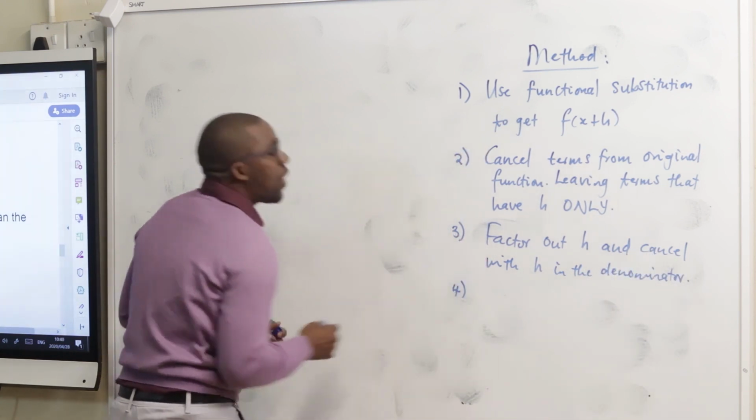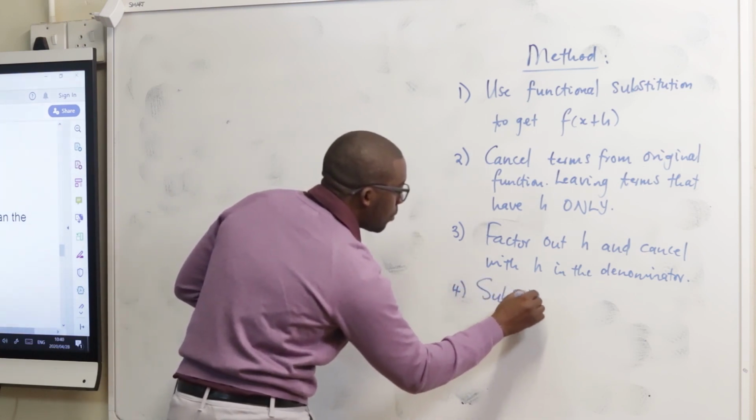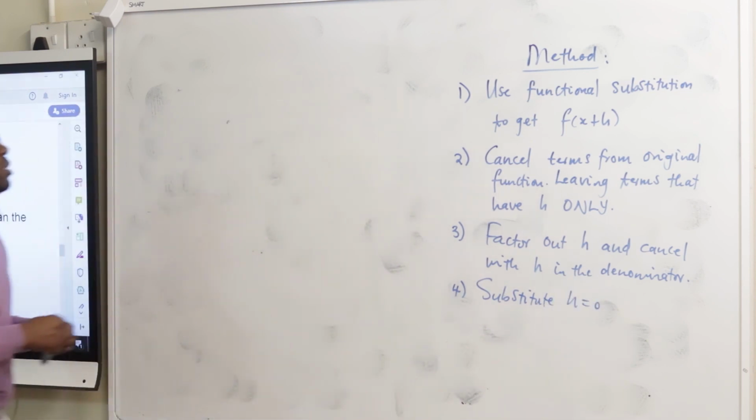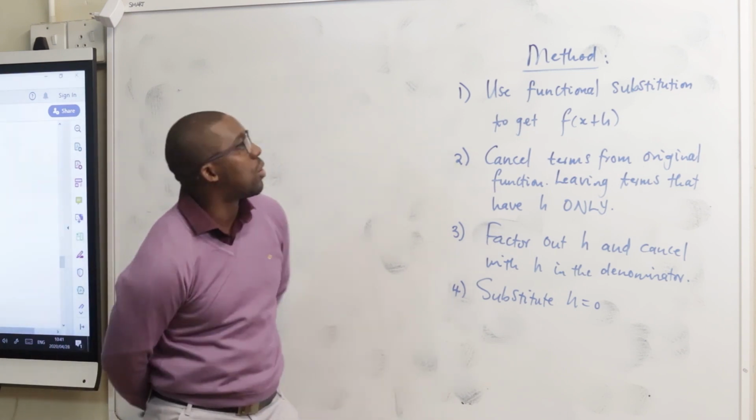Step number 4, the final step: substitute h equals 0. Those are the 4 steps. So whenever you're doing first principles, it's guided by those 4 steps. If you get these 4 steps right, you're always going to converge on the answer.